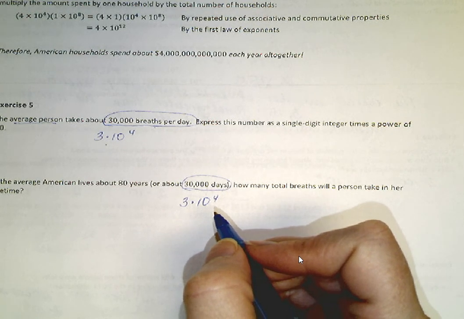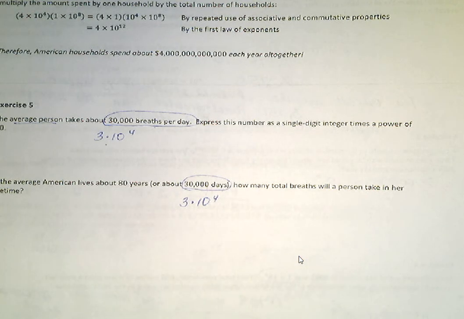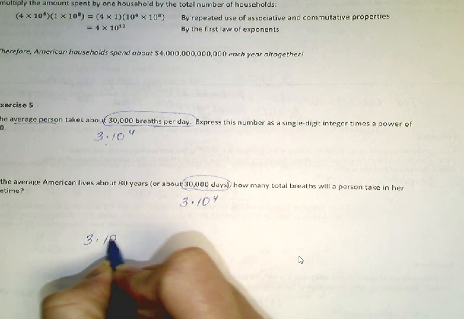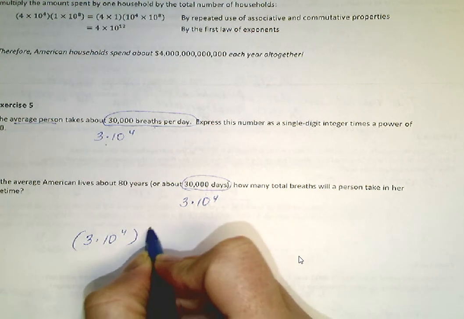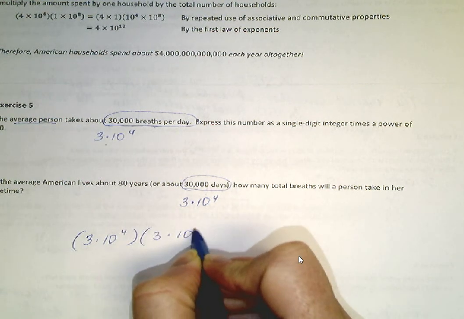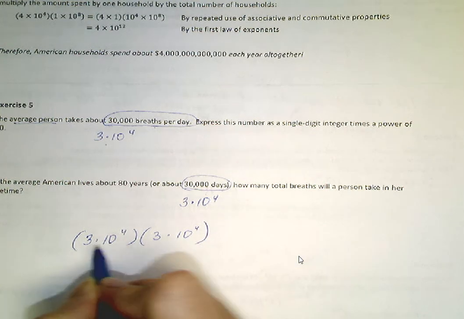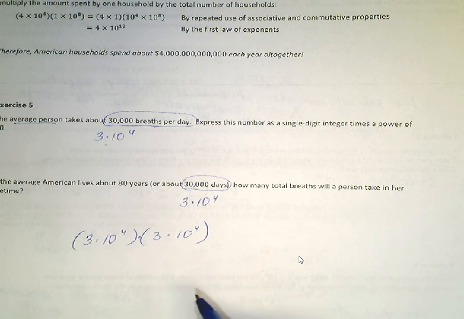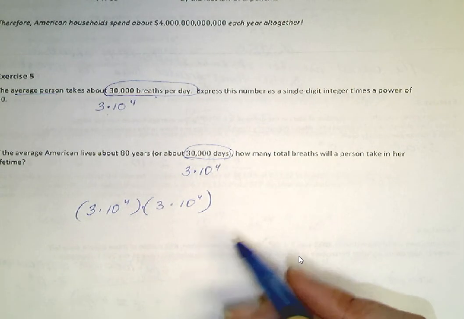Okay, so now we are going to multiply the two numbers together. 3 times 10 to the 4th, and I'm going to multiply that by 3 times 10 to the 4th. Since it's only multiplication, I can change the numbers around according to the commutative property of multiplication.